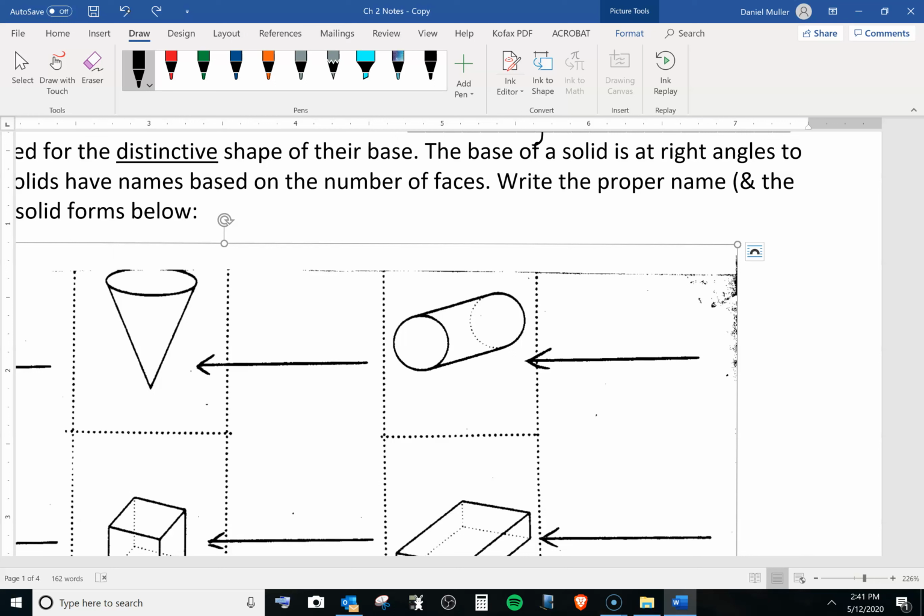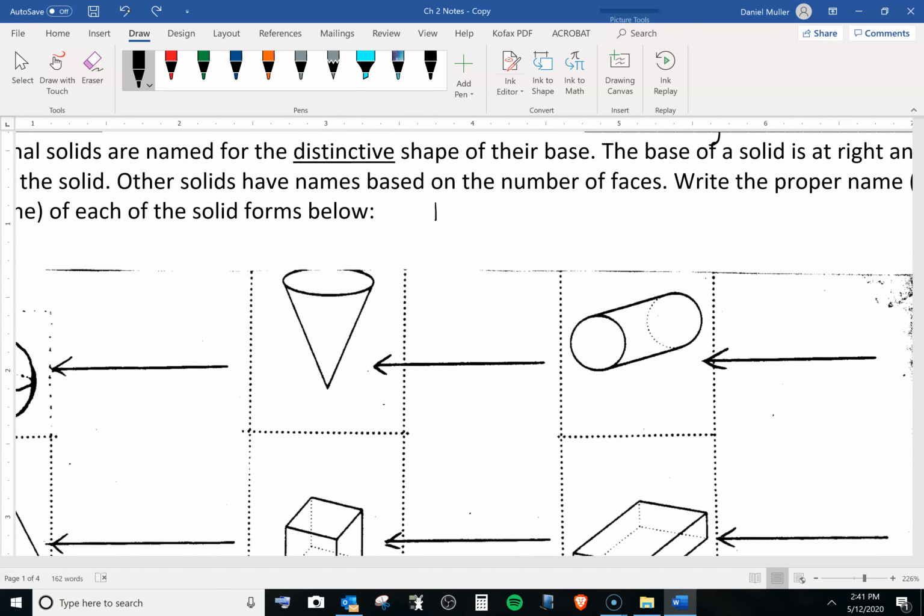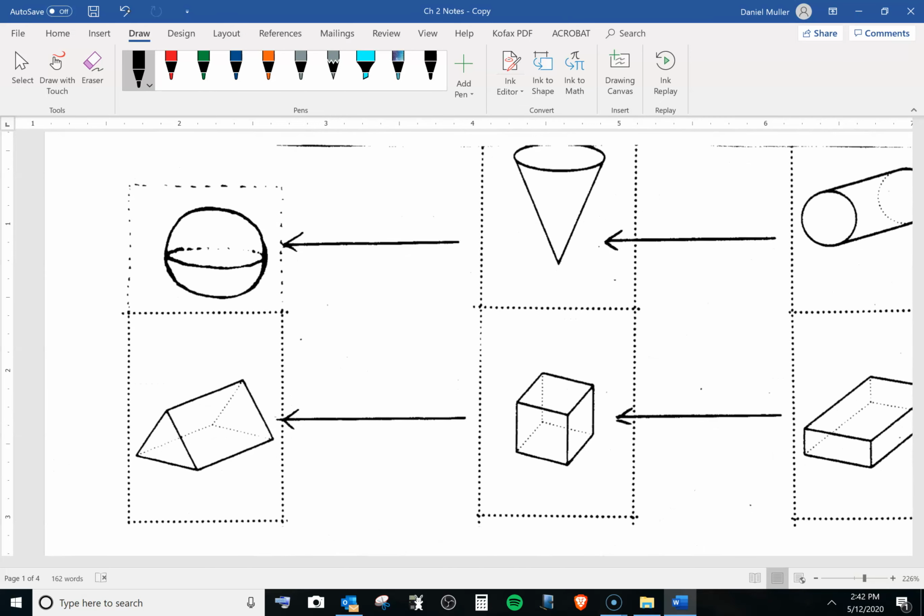If it rises to a point, we're going to call that a pyramid. Otherwise, if it just rises up normal, we're going to call that a prism. And so let's take a look at kind of what I mean.